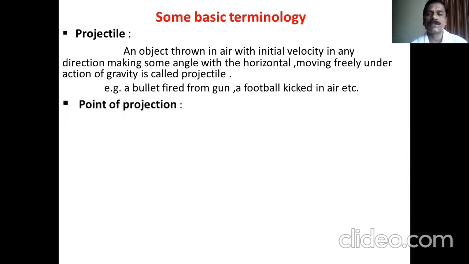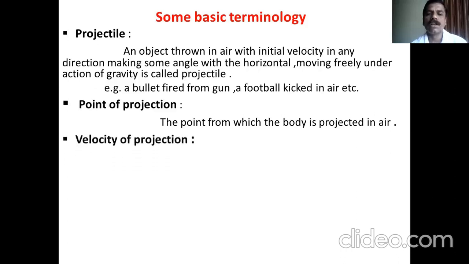Point of projection. You have seen in the diagram, point O is the point of projection. The point from which the body is projected in air is called the point of projection. Velocity of projection: in the diagram you have seen u, it is the symbol for the velocity of projection.